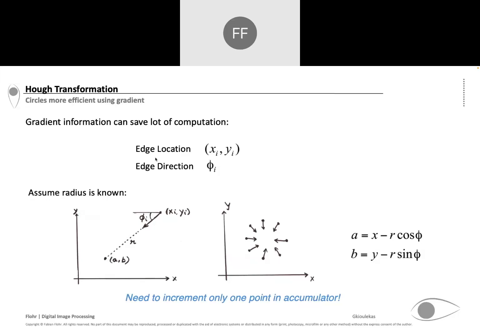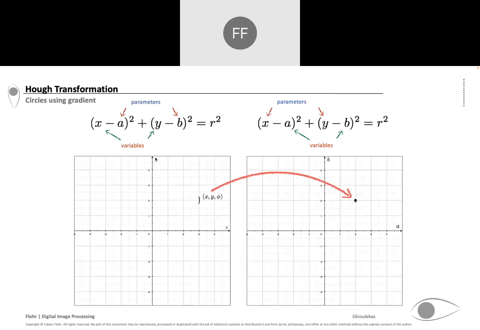This makes our problem a bit simpler because our feature point is now a three-dimensional representation, namely the location plus the gradient. This defines just a point in the parameter space because it's clearly defining only this one particular circle, right?